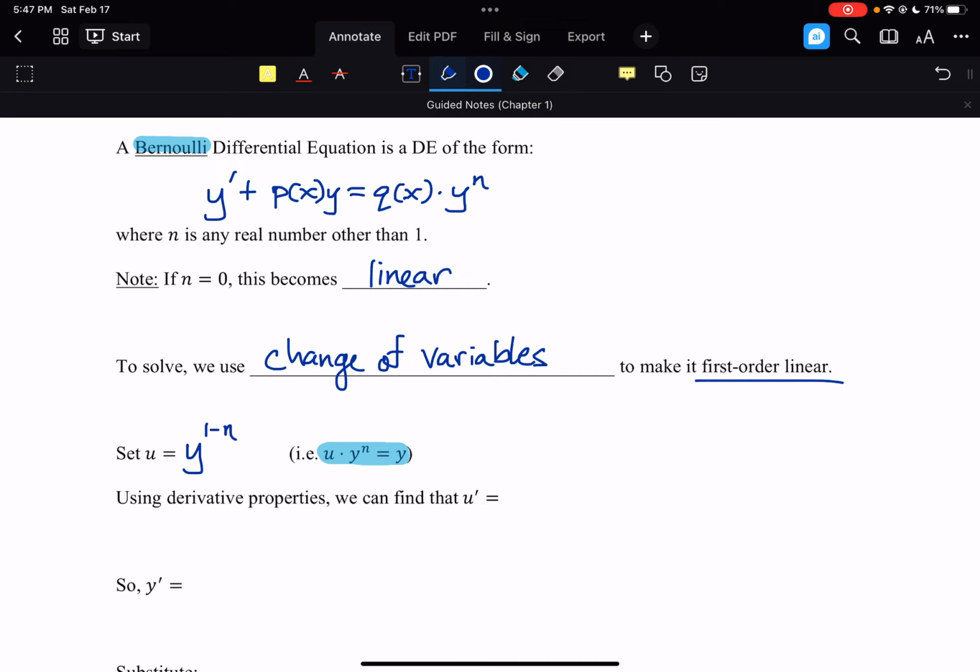So we get u prime, you bring down the 1 minus n times y to the negative n, because we subtract 1 from the power, and then times y prime, so the derivative of the y, and that's a chain rule thing. So y prime, if we solve for this, is going to be u prime times y to the n over 1 minus n.